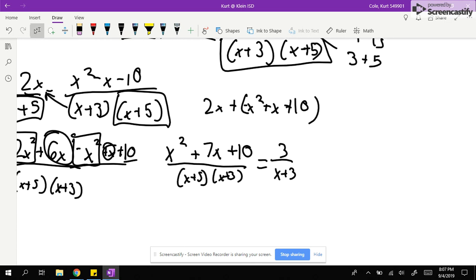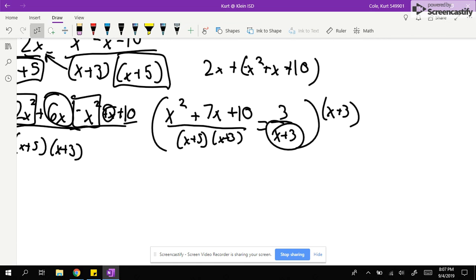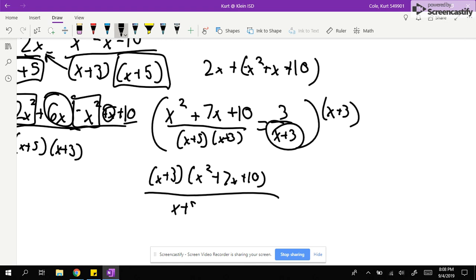So we want to get rid of this denominator here by multiplying the whole equation by x plus 3. So, as you can see here, if we're multiplying the left side by x plus 3, then we'd get x plus 3 times what we had before over x plus 5 times x plus 3.